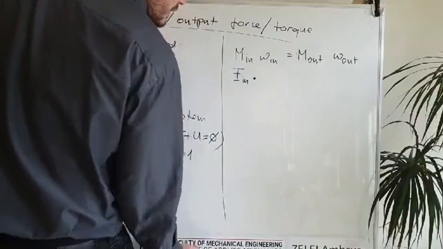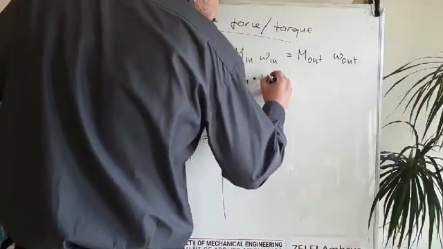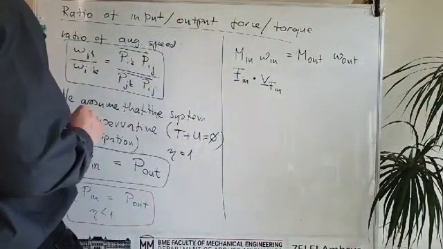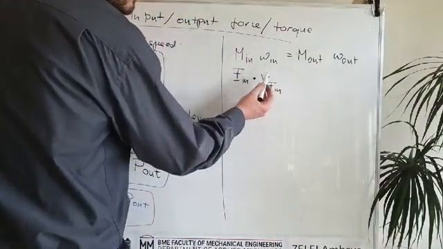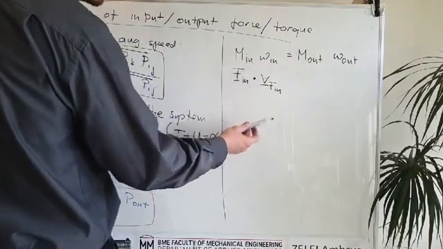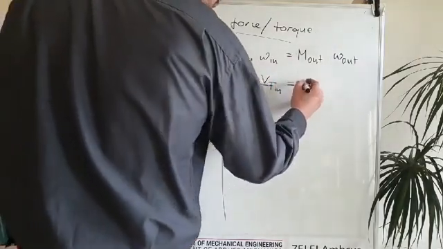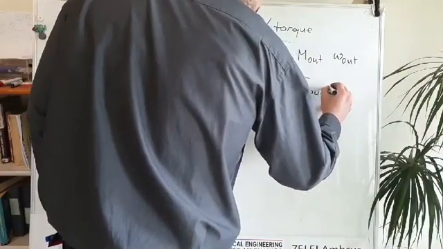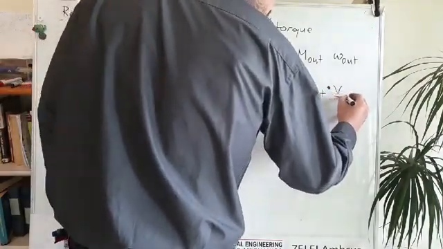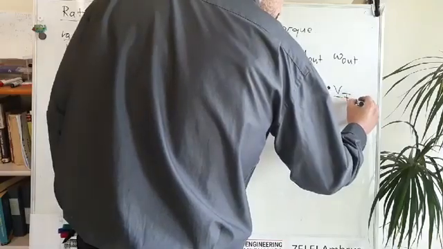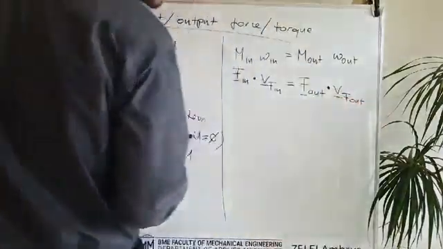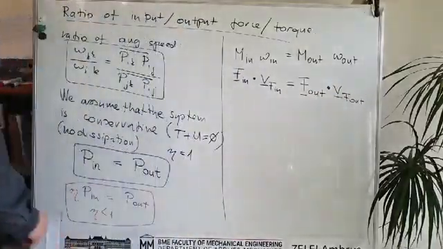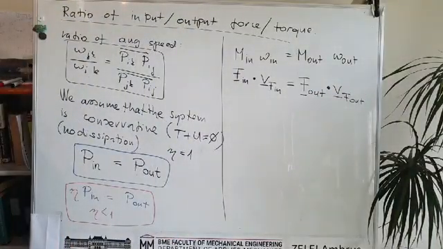So the input force times the velocity of the point where the input force is exerted, and this velocity will depend on the input angular velocity, will be equal to the output force times the velocity of the output force exertion point.